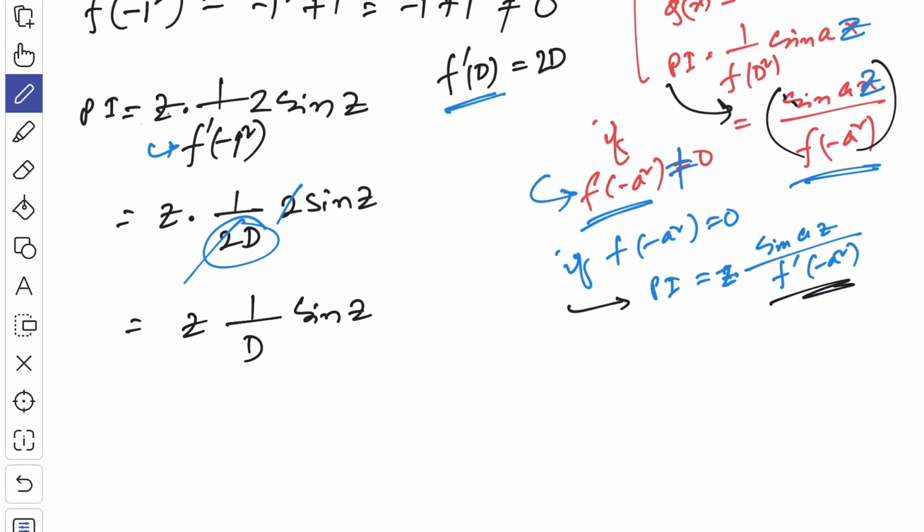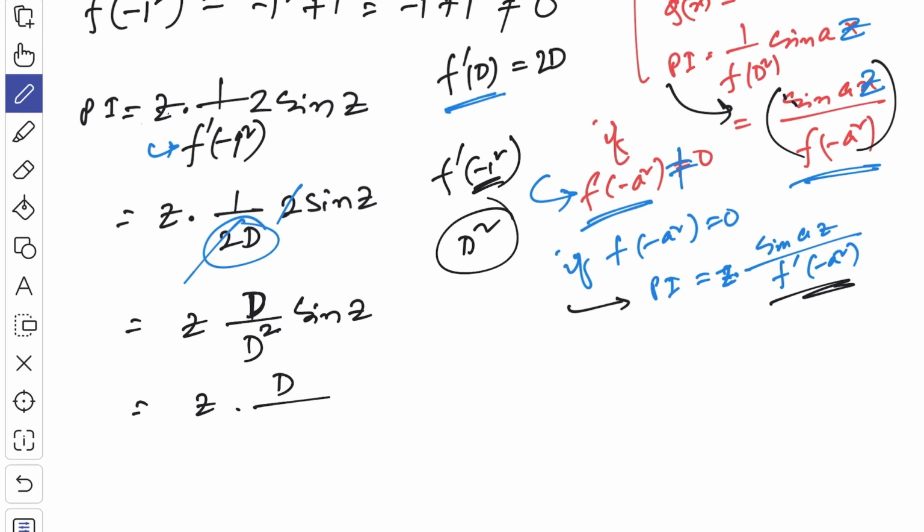Now remember one thing. To find f dash of minus 1 square, we need D square, because only D square can be replaced by minus 1 square, right? So in order to make it D square, D should be multiplied with the numerator as well, in both numerator and denominator. So that's what we have done. Now z into this D, and D square can be replaced by minus 1, and D sine z.